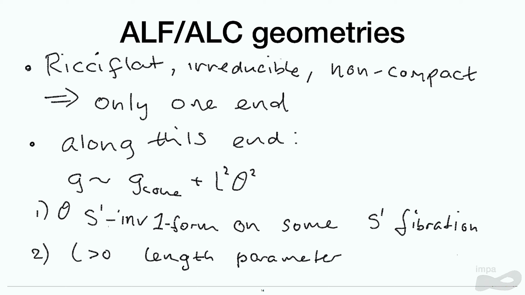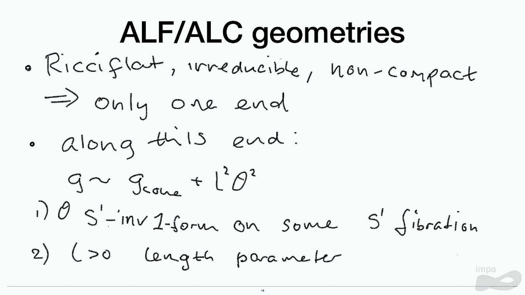So what are ALF and ALC geometries? I'll tell you a bit about them. They're Ricci-flat, irreducible, non-compact Riemannian manifolds. In particular, by the splitting theorem, this implies that they only have one end.